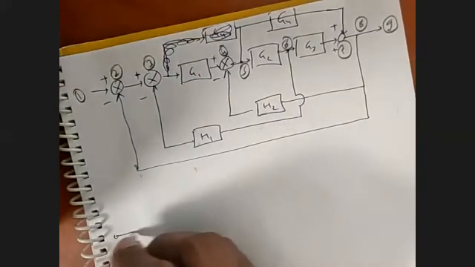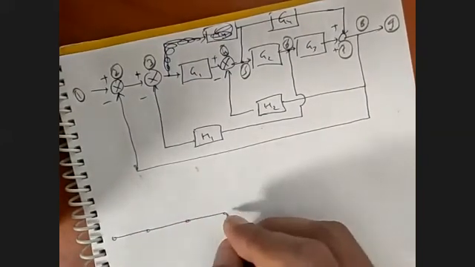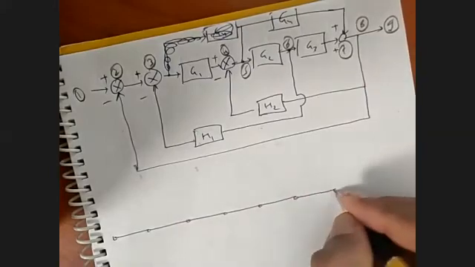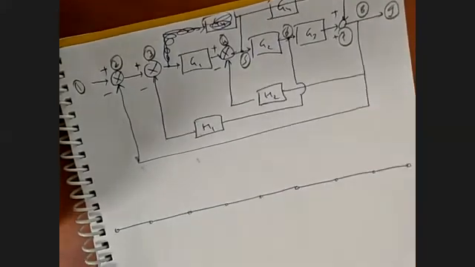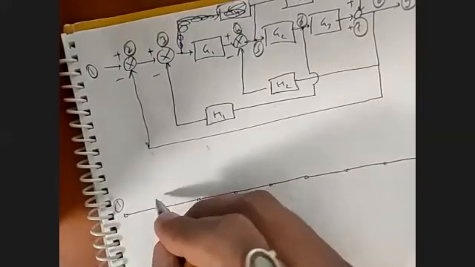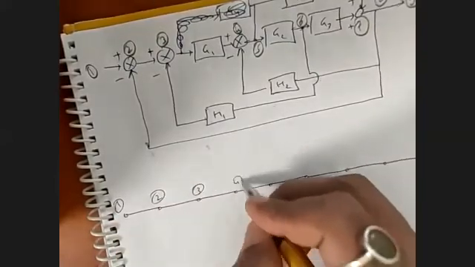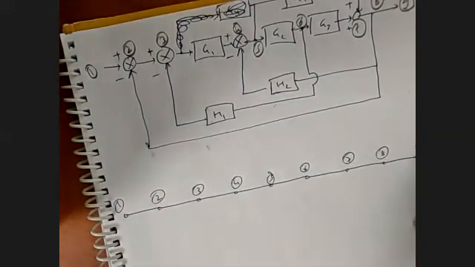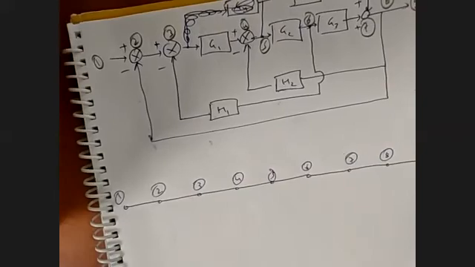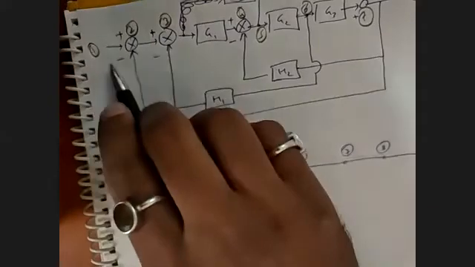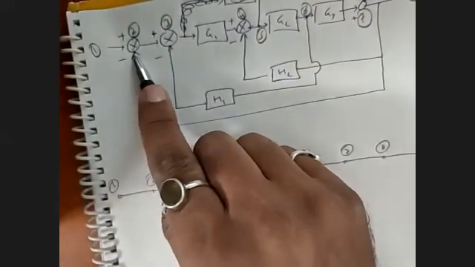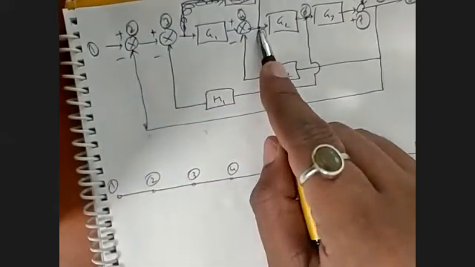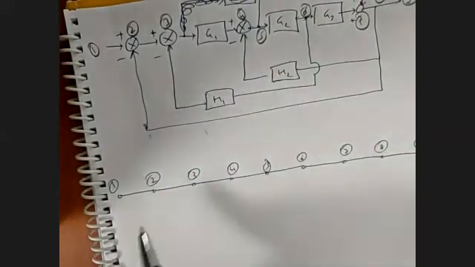As we have already discussed, all the nodes, all the signals, all the summing points and all the takeoff points will be considered as nodes. So we have a total of 9 nodes in this system.